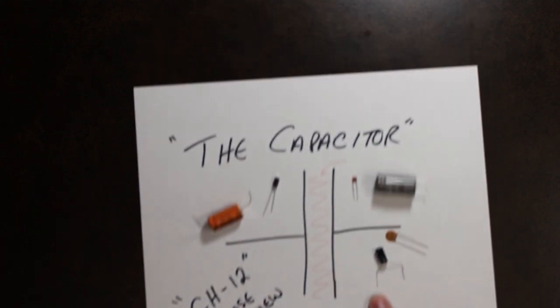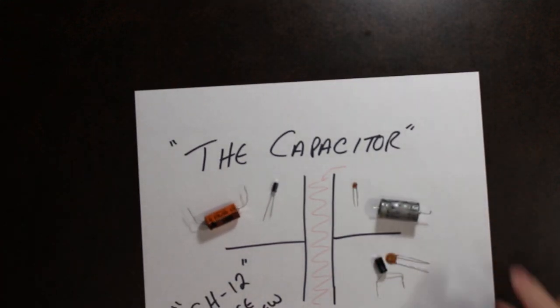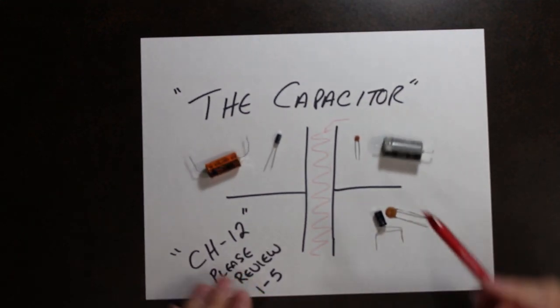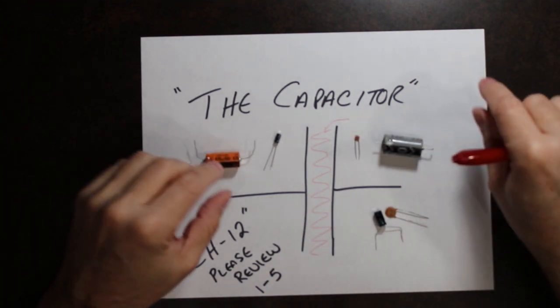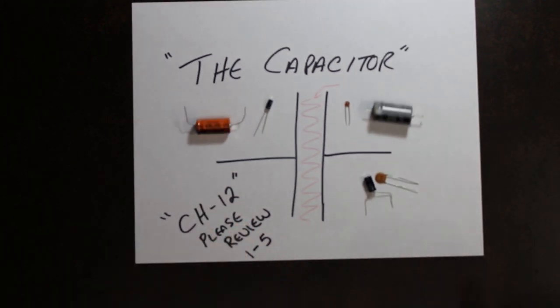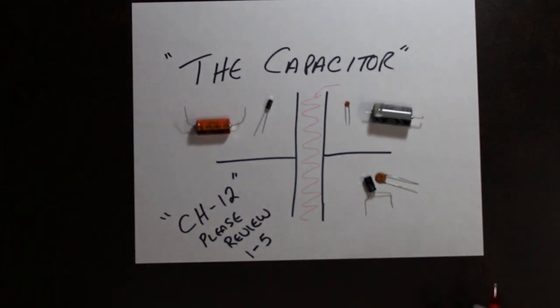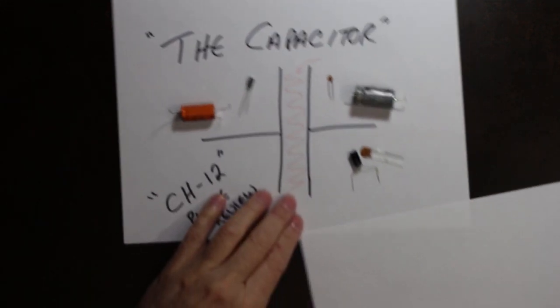There are many types of capacitors, as you can see from this little display that I have here. The capacitors themselves come in two main types. The first one is called the electrolytic capacitor.